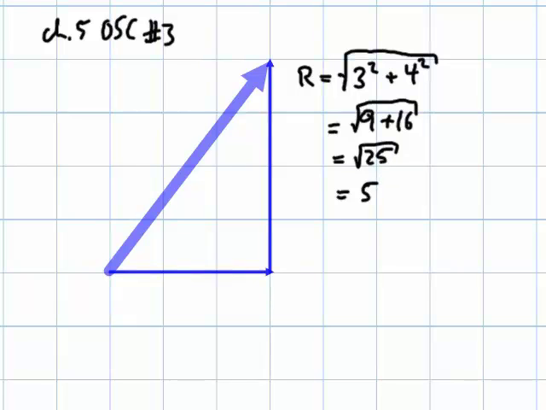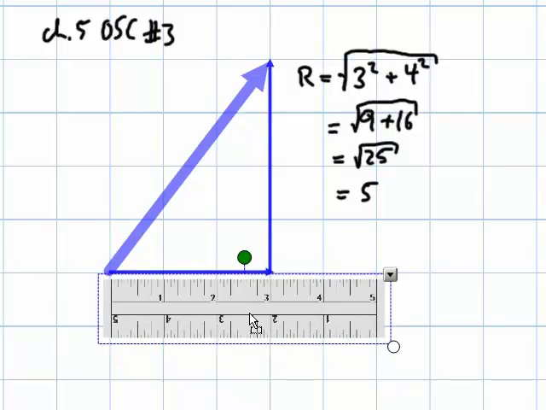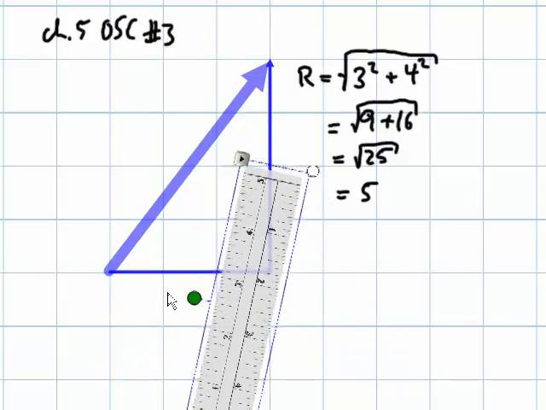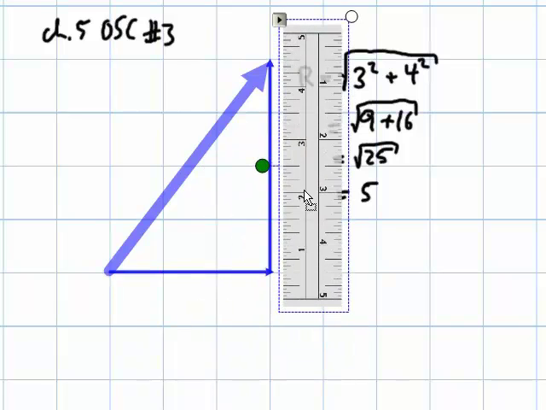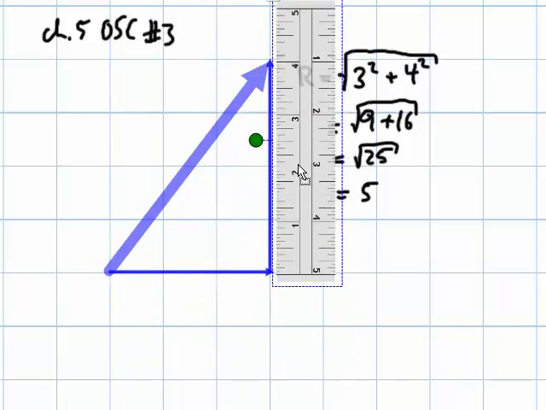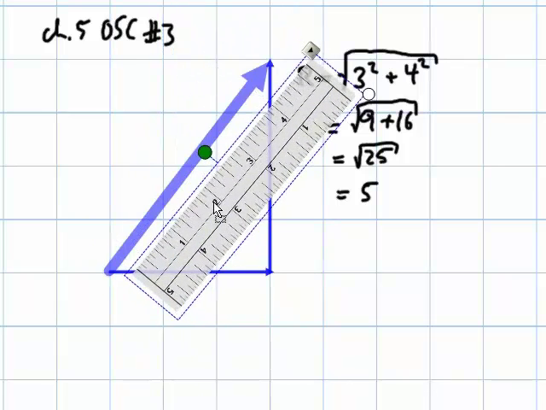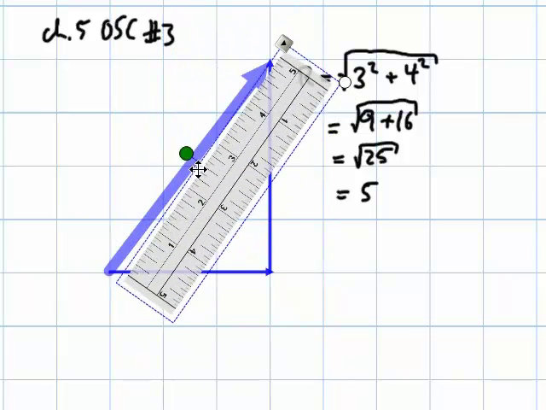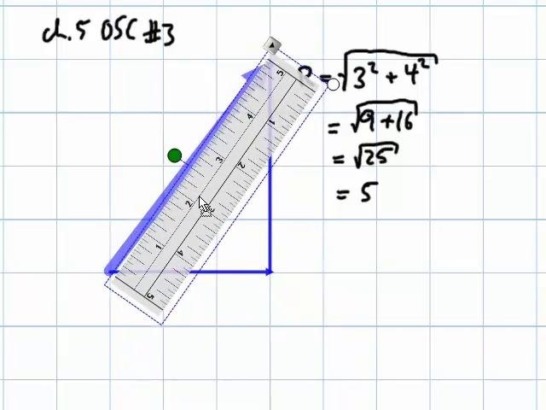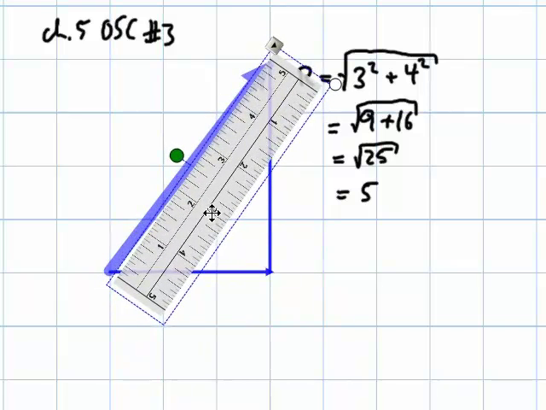And by the way, if I tried this by measuring, I come up here with 3 units on this vector. In the vertical, I do have 4 units. Of course, that's what the squares are telling me. And then here, I indeed come up with 5 units.